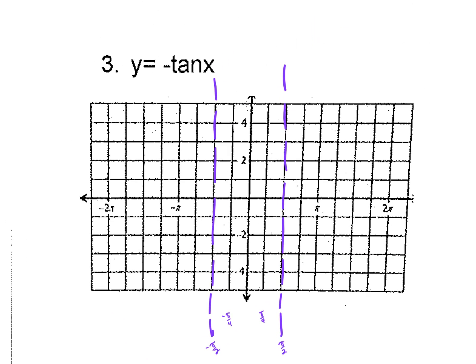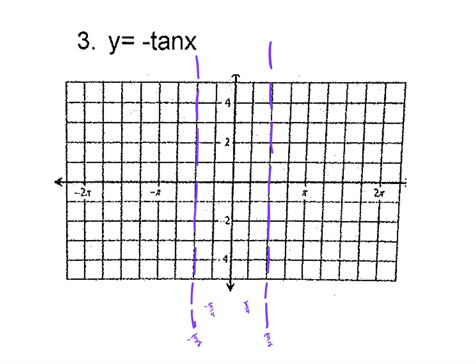So guys, what do you think is different for a negative tangent graph? It's flipped. Yeah, it's reflected, right? Exactly.